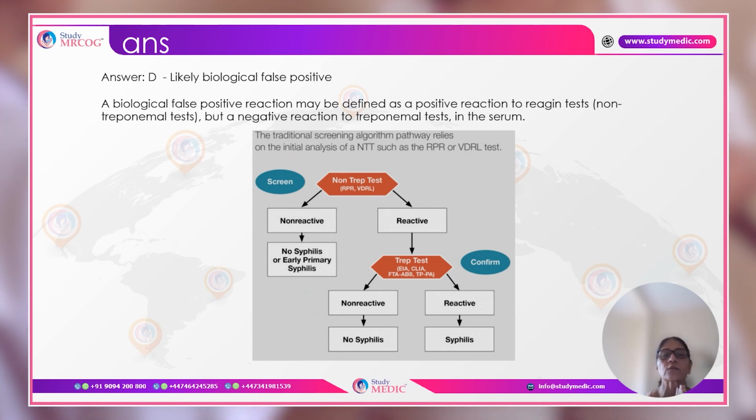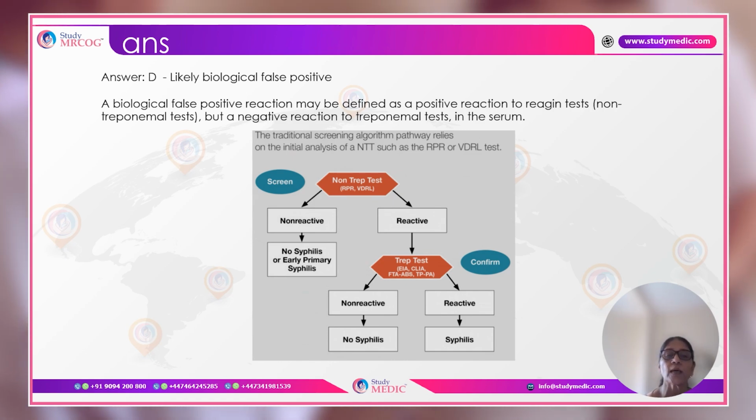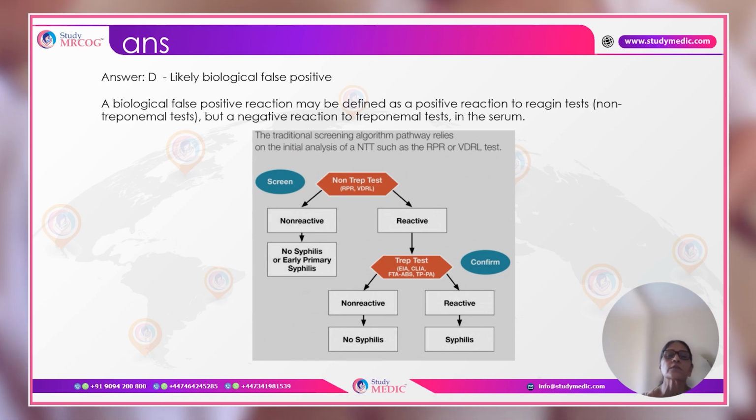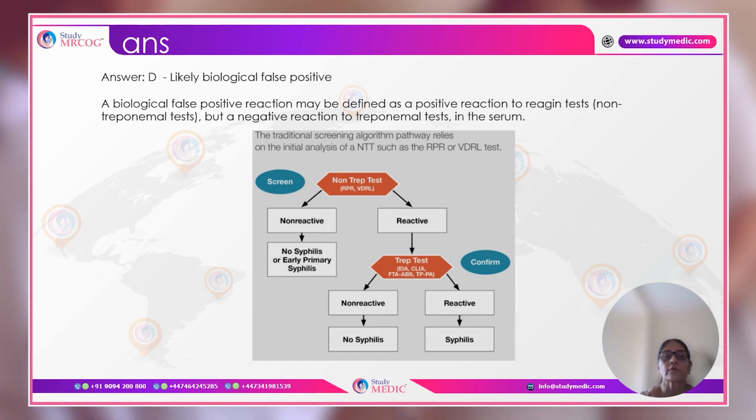So you can do an enzyme immunoassay, or a chemiluminescent enzyme immunoassay, or TPPA, or FTA ABS. Now, if any of the specific tests are non-reactive, that means of course there is no syphilis. But if these specific treponemal tests are reactive, that means there is infection and the woman has syphilis.